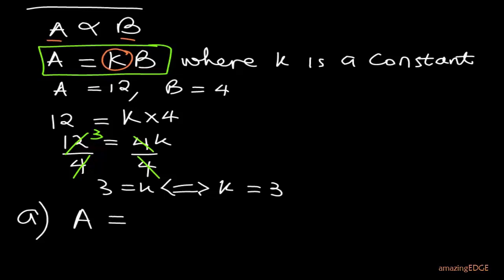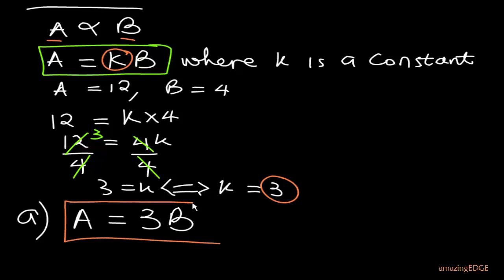What is our K? Our K is equal to 3. So we write this as 3 times our B. So this becomes the formula connecting A and B. To find the relationship between the two things, you must establish the value of K. So now we are working with A = 3B.